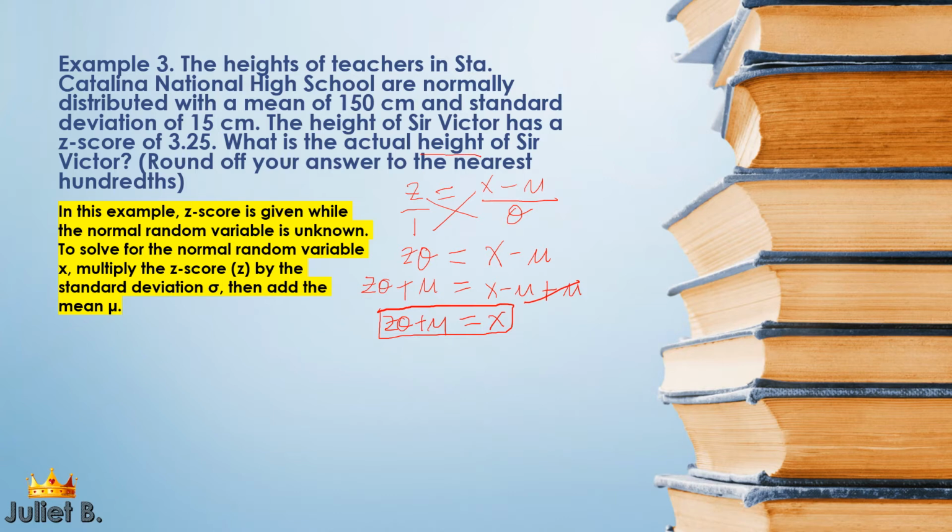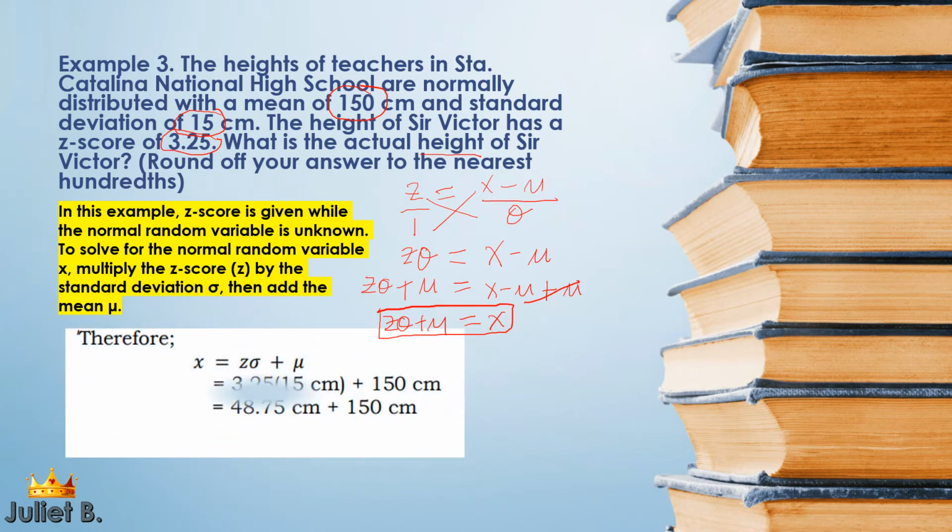Take note that the given are z is equal to 3.25, standard deviation is 15, and the mean is 150 centimeters. So the solution will be x is equal to z times standard deviation plus mean.